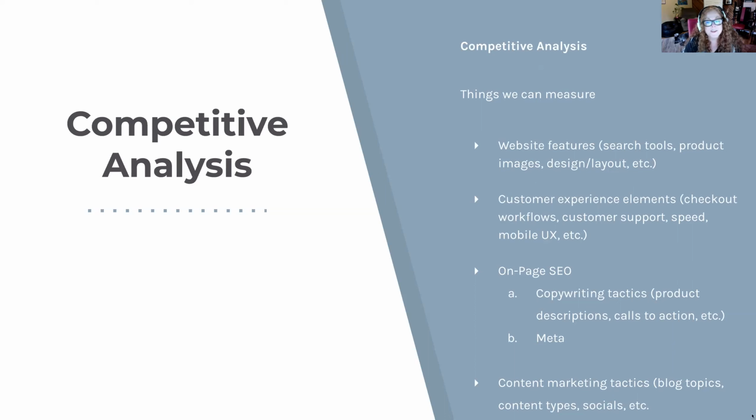And there are different things we can measure: website features, search tools, products, images, design, layout, of course. Design and layout seems to change over time as we as consumers want different things or get used to how things show up online. Customer experience elements like checkout, workflows, customer support, speed, on-page SEO is huge, the copywriting tactics, and the meta description.